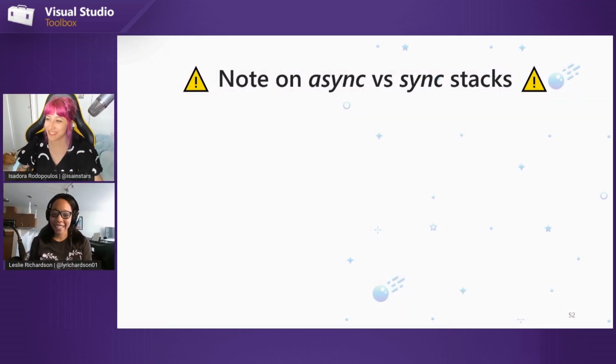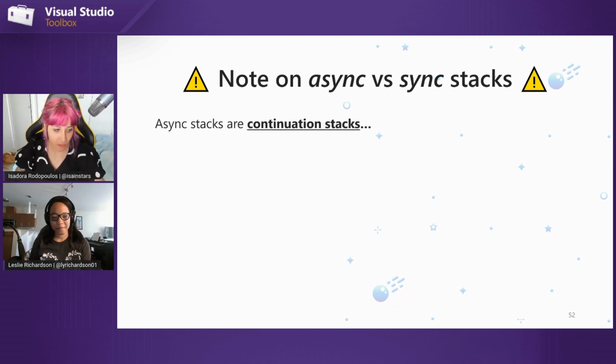So, speaking of things not going as expected, we also have some notes on async and sync stacks, and some tricks of what you can expect in each of those. We know that async stacks are continuation stacks. Basically each pinch of async code is tied to the next bit that will follow.